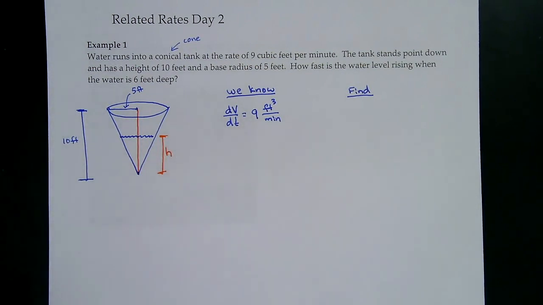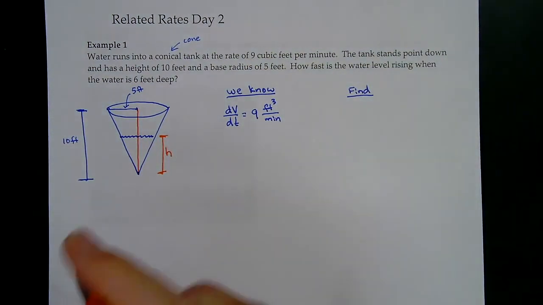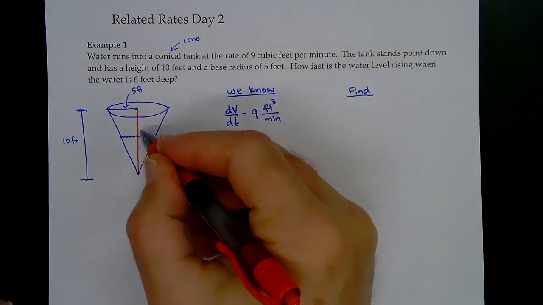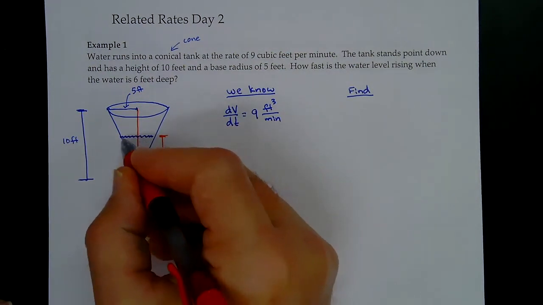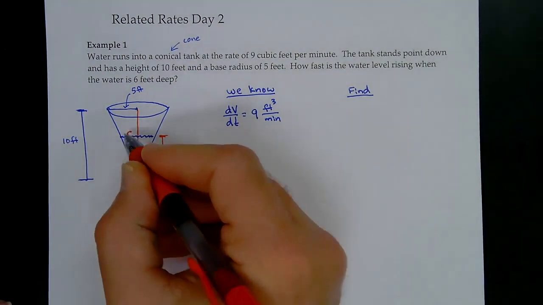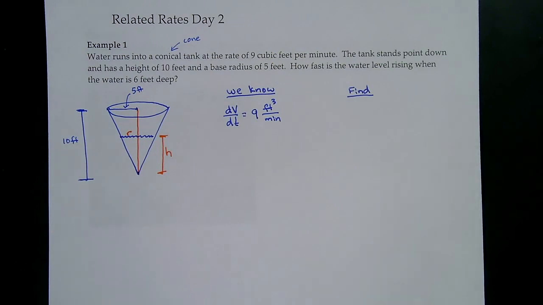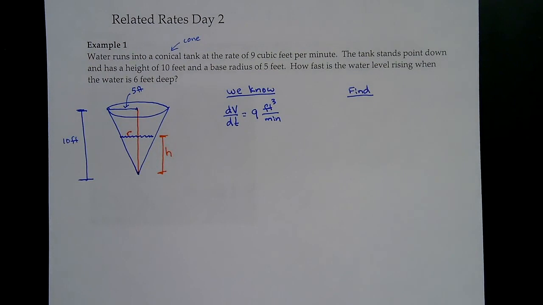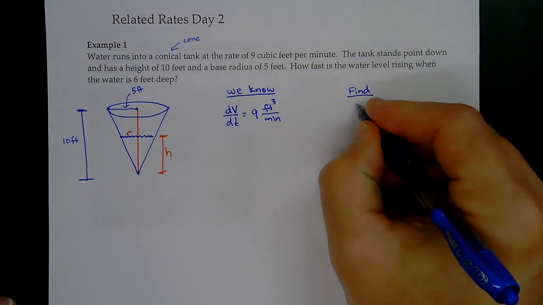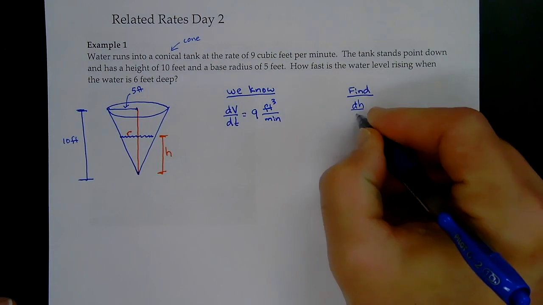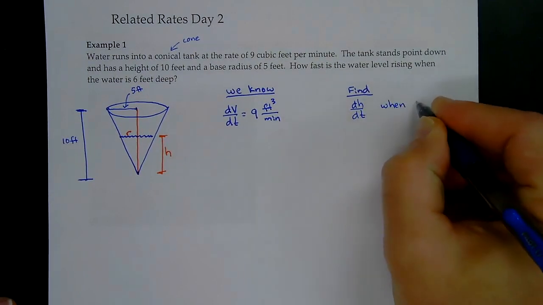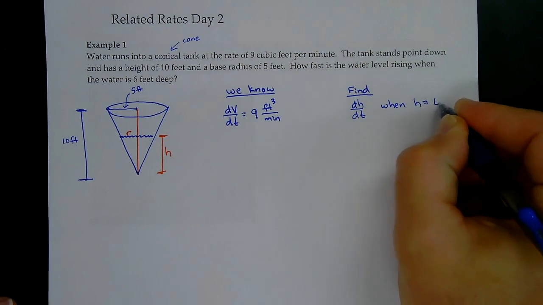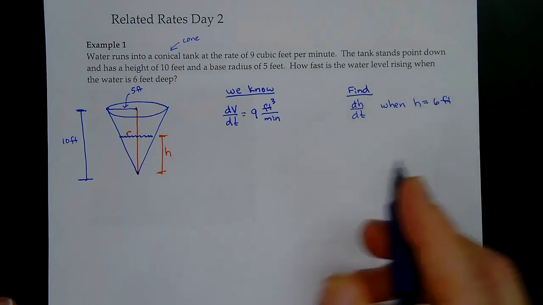So anything that's changing, we're going to put variables on, because this height of the water is going up, up, up. Okay. Also, there's the radius of the water right here. So that's going to be r. Okay. And so we're going to need that. And so we're trying to find dh/dt. But we're trying to find that when h is equal to 6 feet, because that's what this says.